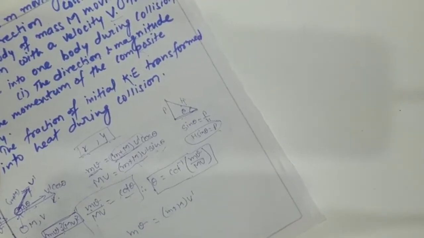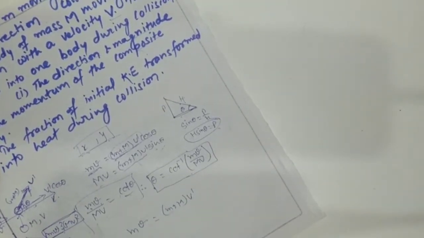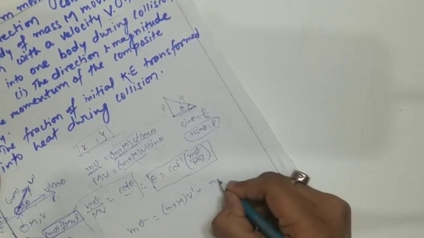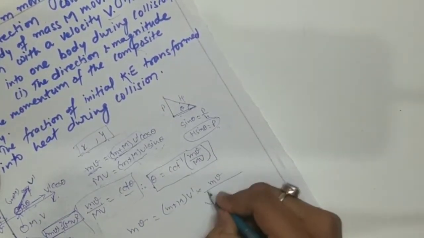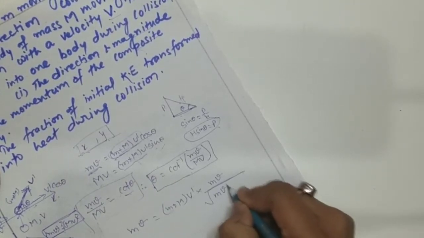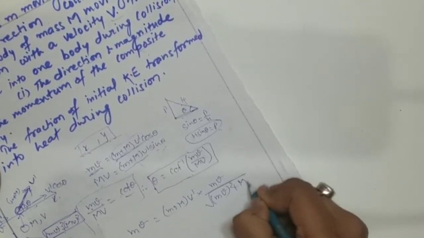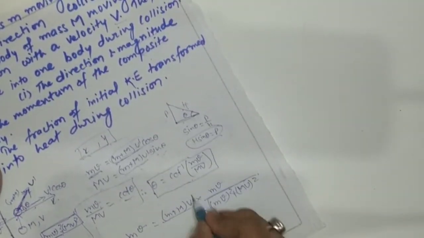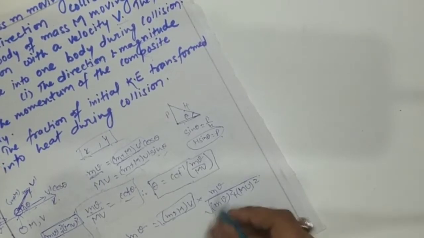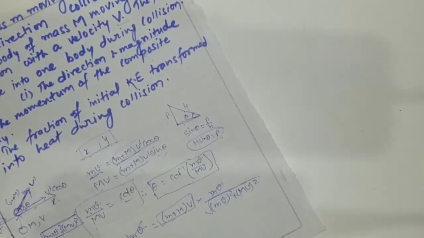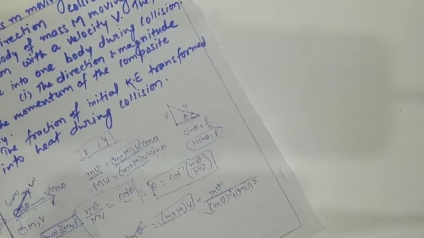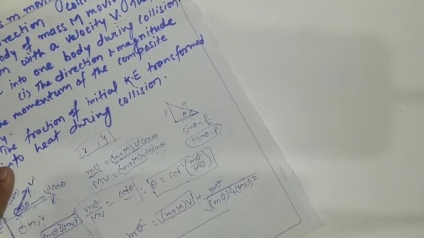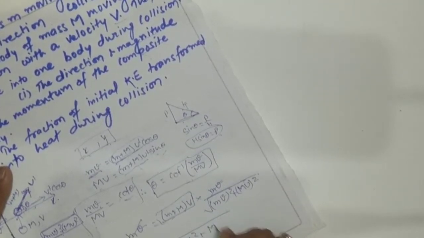We can substitute cos theta, which is nothing but base upon hypotenuse, so the base is m small v by the square root of m v squared plus M V squared. That's it. We can cancel it, and therefore we get m plus M times v dash equals root under m small v squared plus capital M V squared.